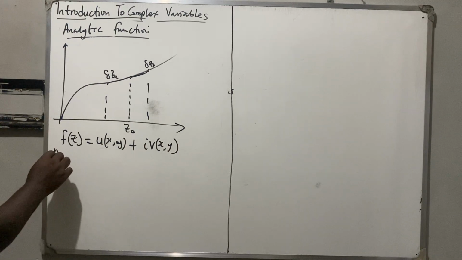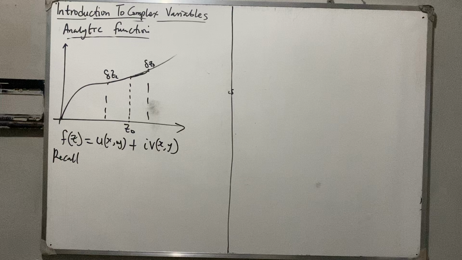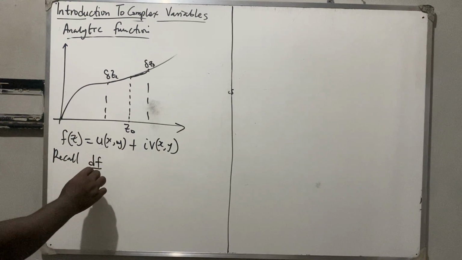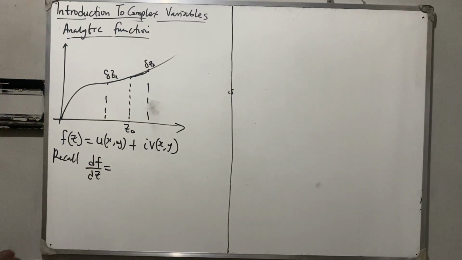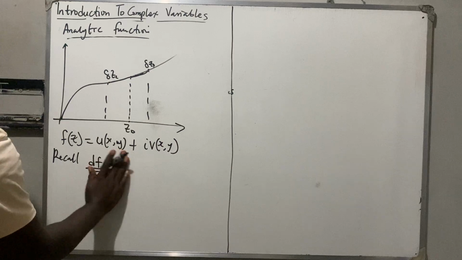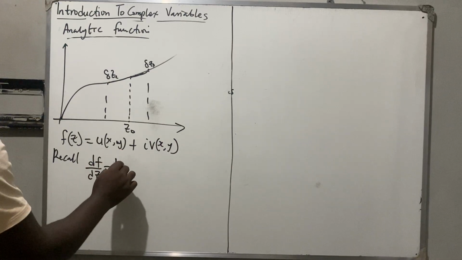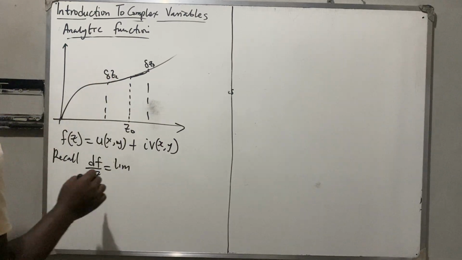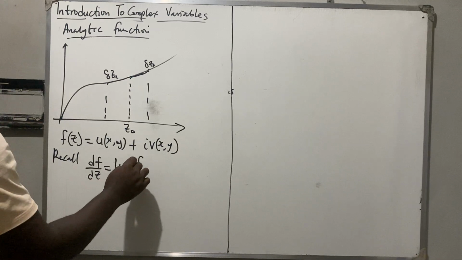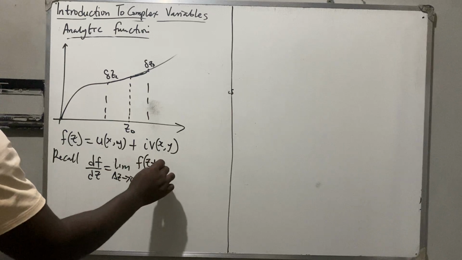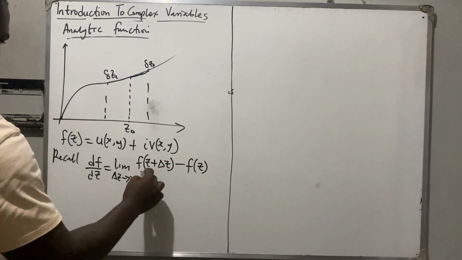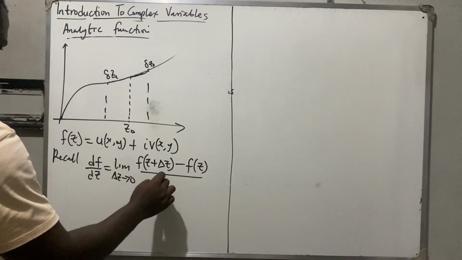Let's recall that f'(z) is equal to the limit as delta z tends to 0 of f of z plus delta z, minus f of z, then all over delta z.